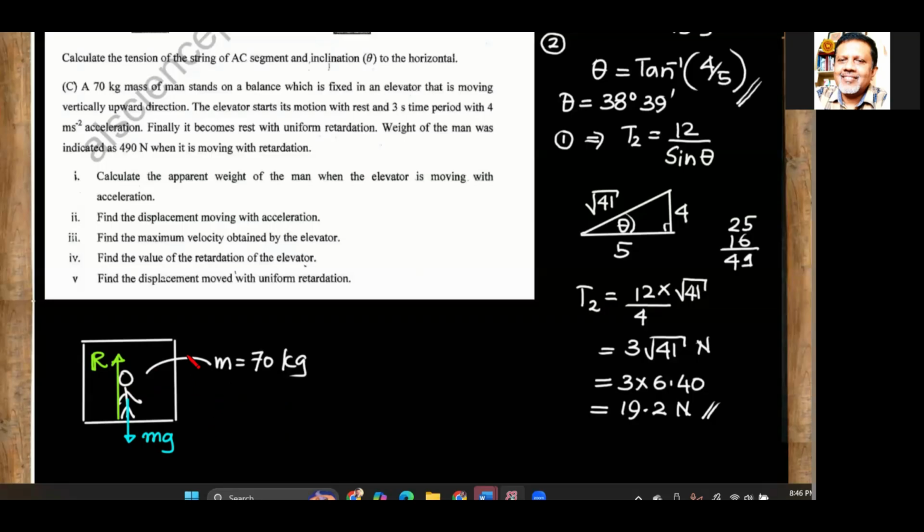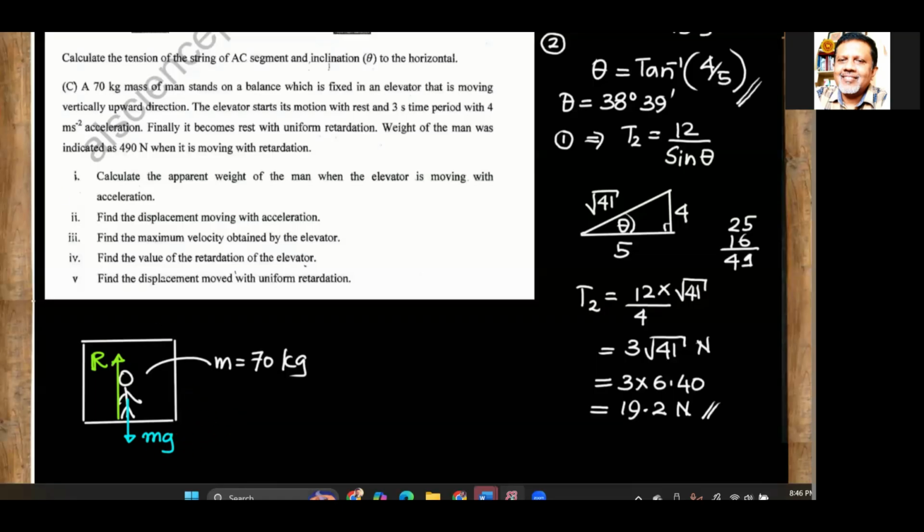So when the elevator is at rest, right, we can say R is equal to mg. It is not going to change, right? R is equal to mg. That is the real weight of the person. But when it is moving upwards or downwards with an acceleration or deceleration, the R value may be different from the real weight.